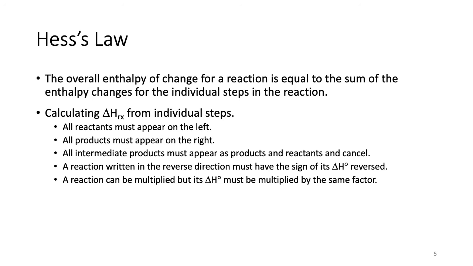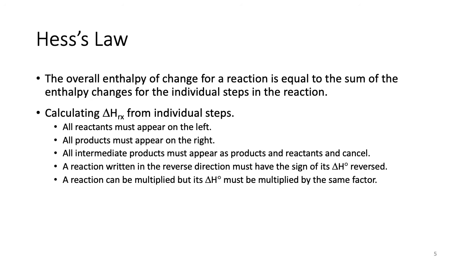So what we did in the slide before was we were calculating delta H of reaction from individual steps. We saw that all of the reactants needed to be on the left and that all of the products needed to be on the right. My intermediates, which means it's something that is produced then consumed, need to cancel out.